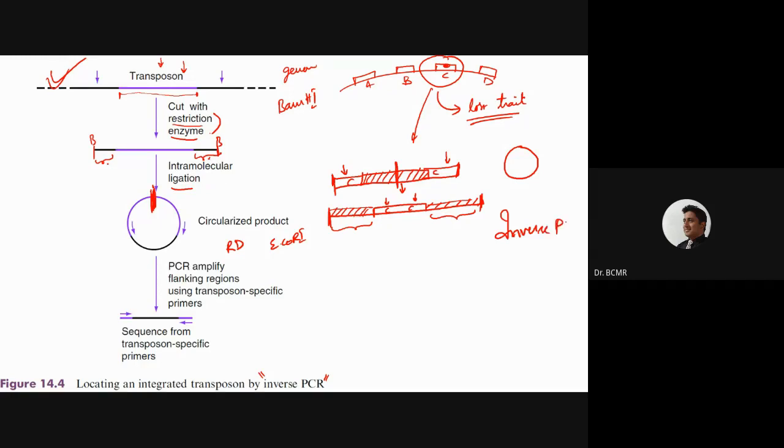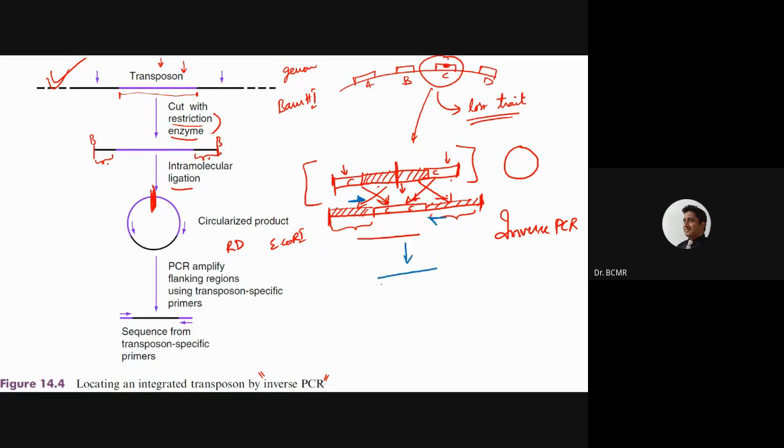You are literally inverting this whole fragment like this into this one, where the outside fragments are going in, the inside ones are coming out, right? This is the way it is happening, isn't it? And then because we know the sequence of the transposon, we would have designed some primers, something like this, and then we would amplify.